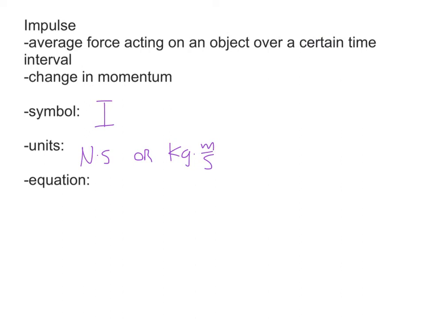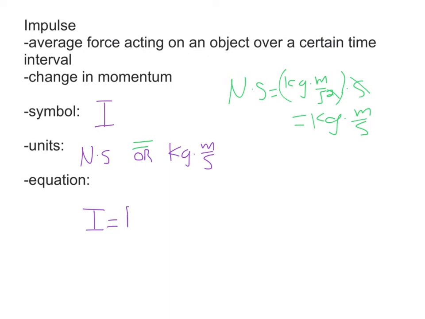And just to show you how these units work out, if we look at a Newton second, inside a Newton is a kilogram meter per second squared times seconds. Seconds go away, so this will reduce to kilogram meter per second. So just to show that those are equal to each other. The equation for impulse. This is a three-way equation.